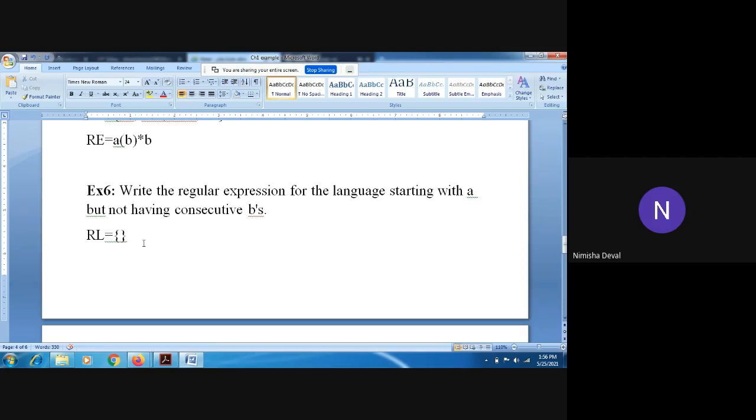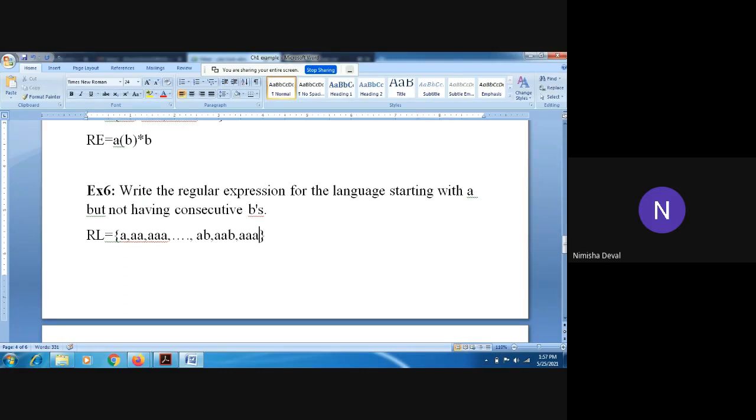We can start each and every string with a, right? There may be multiple occurrences of a's also allowed, because consecutive b's are mentioned, consecutive a's are not mentioned. So multiple a's are available. Then ab is fine, right? Double ab is also fine.